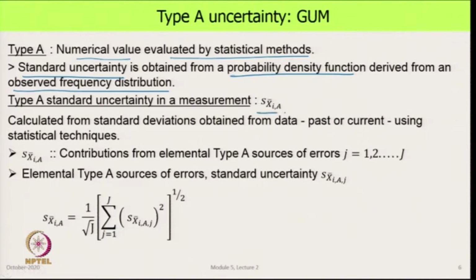This we will denote as s x bar i comma A, and this is also what the GUM says. The data from which it is calculated could be current or past data or a combination of those.